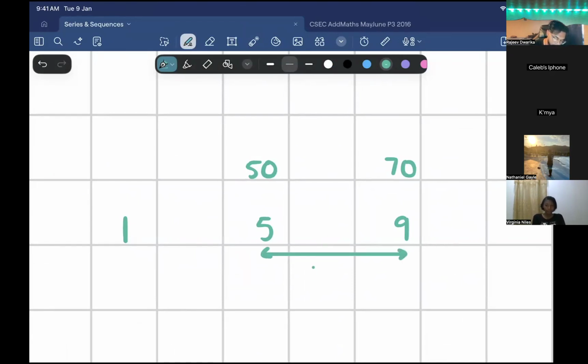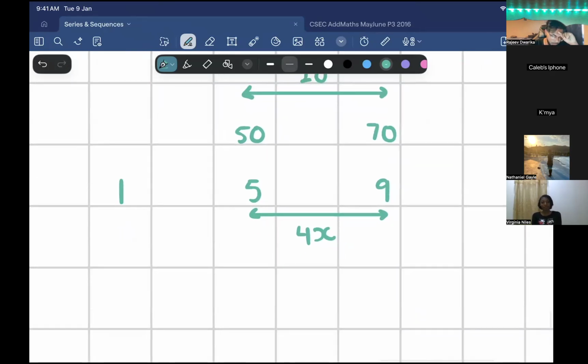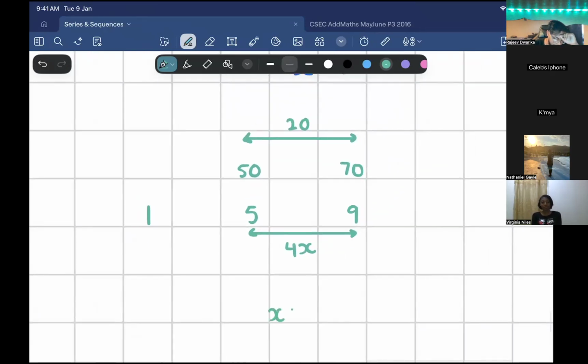Well, the difference between 9 and 5 is 4, right? You would have had to add 4 x's, and the difference between 50 and 70 is what? 20. From there you could find x, so x is equal to 5.